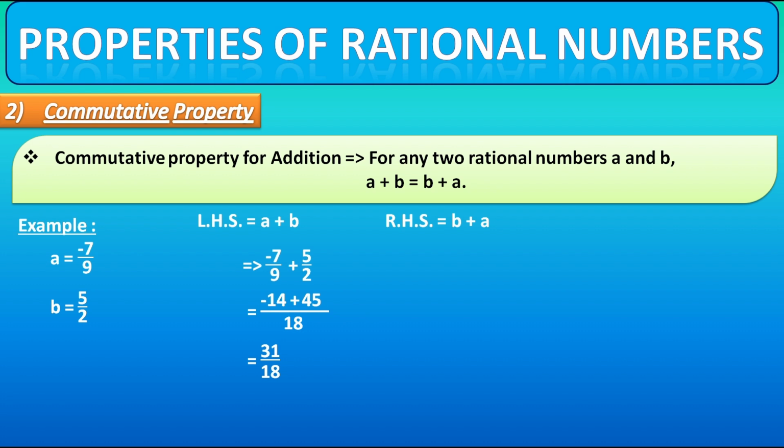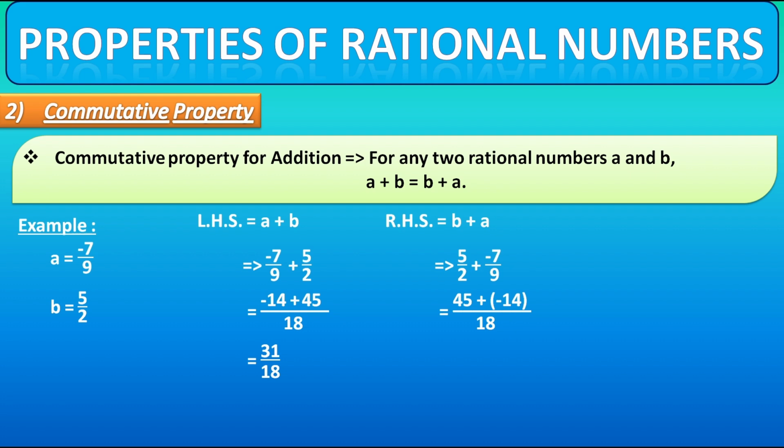Now let's check the RHS part. b plus a, that is 5 upon 2 plus minus 7 upon 9. Now here 2 and 9 are co-prime numbers, so 2 9s are 18 as the denominator, and here 5 9s are 45 plus, in the bracket, minus 14, because 2 7s are 14 and we have one number with a negative sign, so the number will become minus 14.